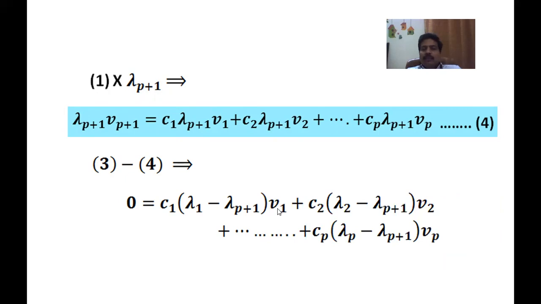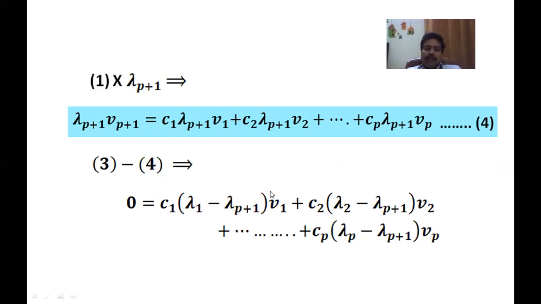In this equation, V1, V2 and so on Vp are linearly independent. Hence all the coefficients must be equal to 0. Otherwise, the set is linearly dependent. But since the eigenvalues are all distinct, all these factors, lambda 1 minus lambda p plus 1, lambda 2 minus lambda p plus 1 and so on, are all non-zeros.